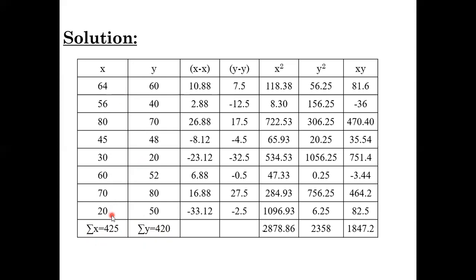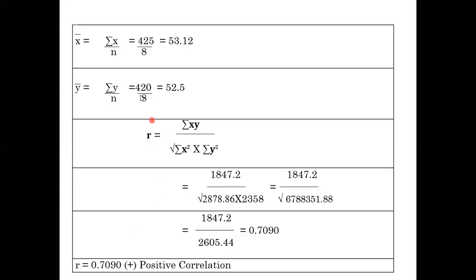The number of items in the x variable and y variable is 8. Here the total sigma x is 425 and n is 8.